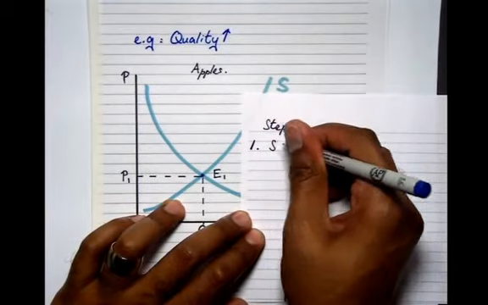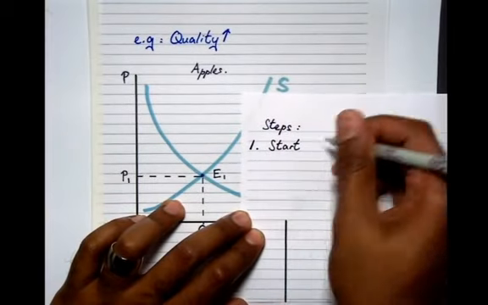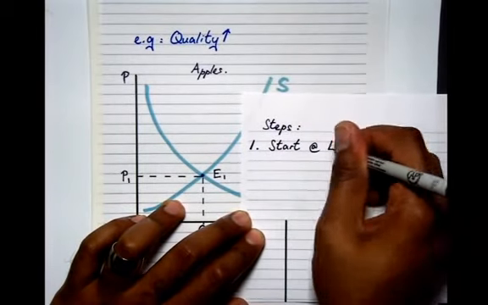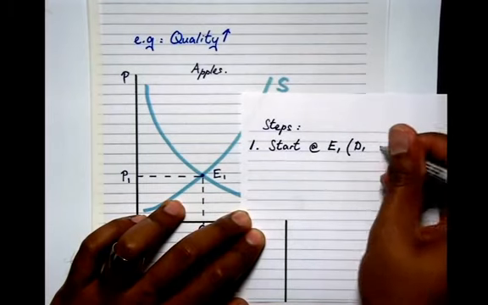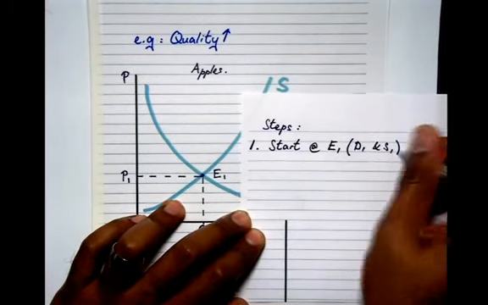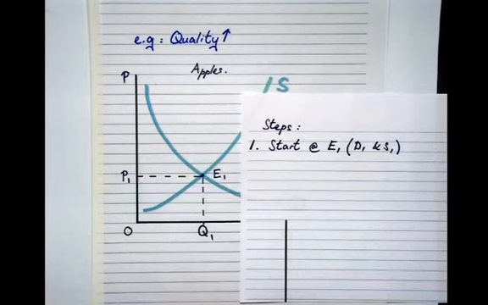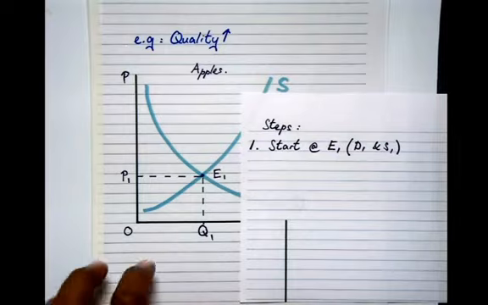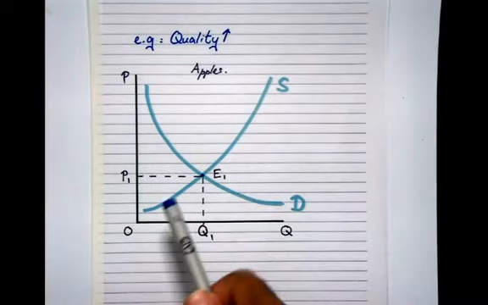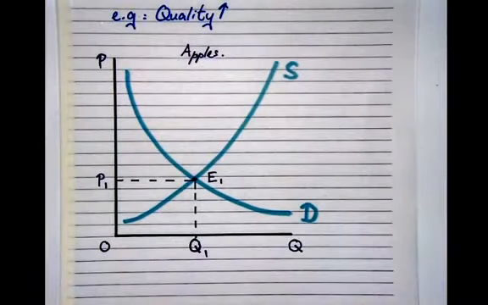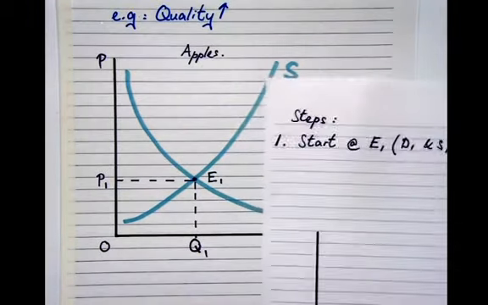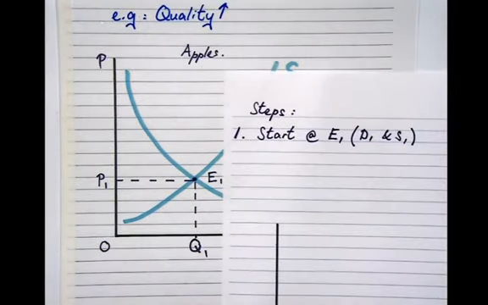Firstly, start at equilibrium, E1, where D1 and S1 meet. So before you approach any kind of question on demand and supply, you start off with this default diagram: demand and supply and the initial equilibrium. That's where you first start off.